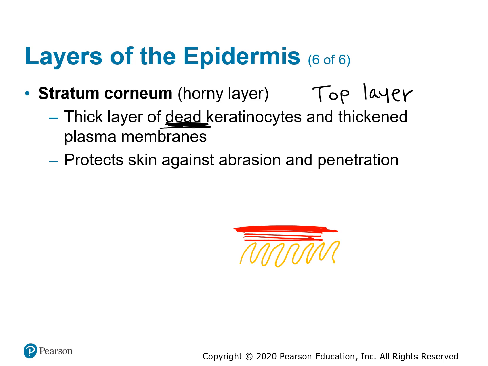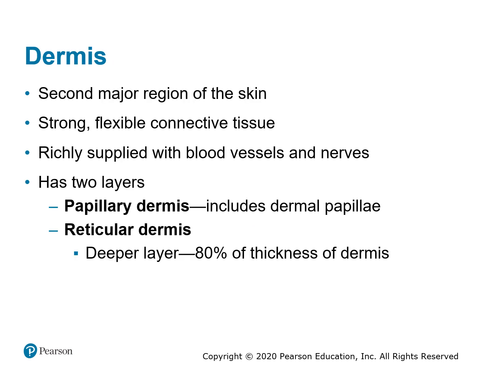Next, we are moving into the dermis. The dermis. It is the second major region of the skin. Remember, there were 2 major regions that we talked about, the epidermis and the dermis. The dermis is strong, flexible, connective tissue.